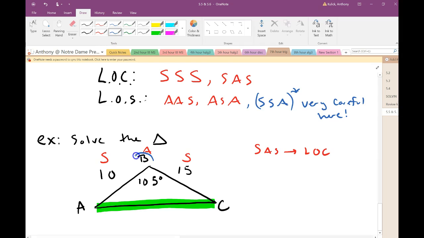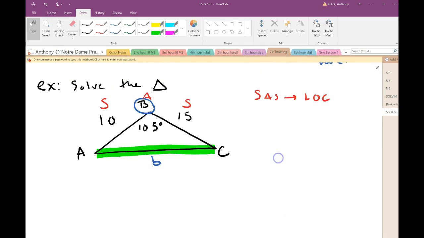It's opposite angle B, so we would call this lowercase b. So which of my law of cosines formulas am I going to use then? b squared equals a squared plus c squared minus 2ac cosine of B. Gabby, is that okay?